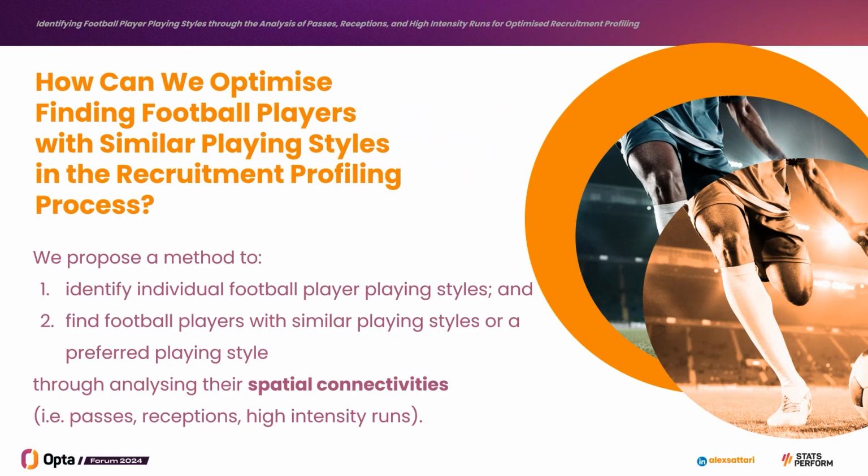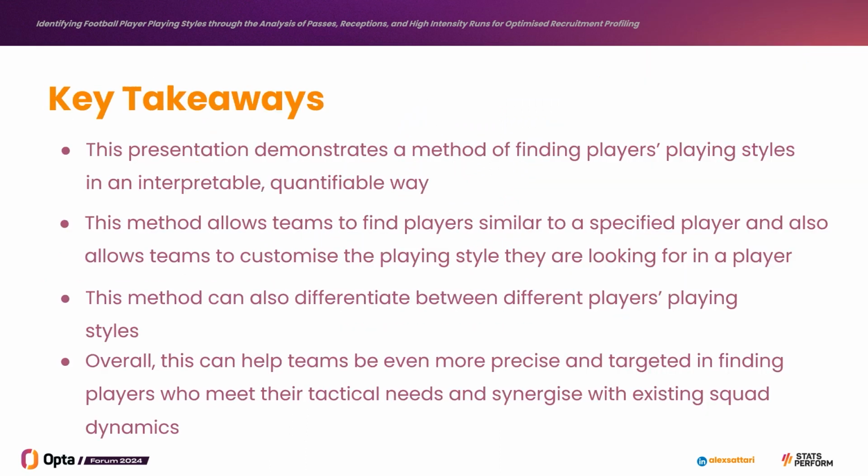So we would like to analyze their spatial connectivities through the passes, receptions, and high-intensity runs, and come up with their style. The key takeaways from this presentation are that we demonstrate a method of finding players' playing style in an interpretable and quantifiable way, and then we show that we can use this method to find similar players with a similar pattern.